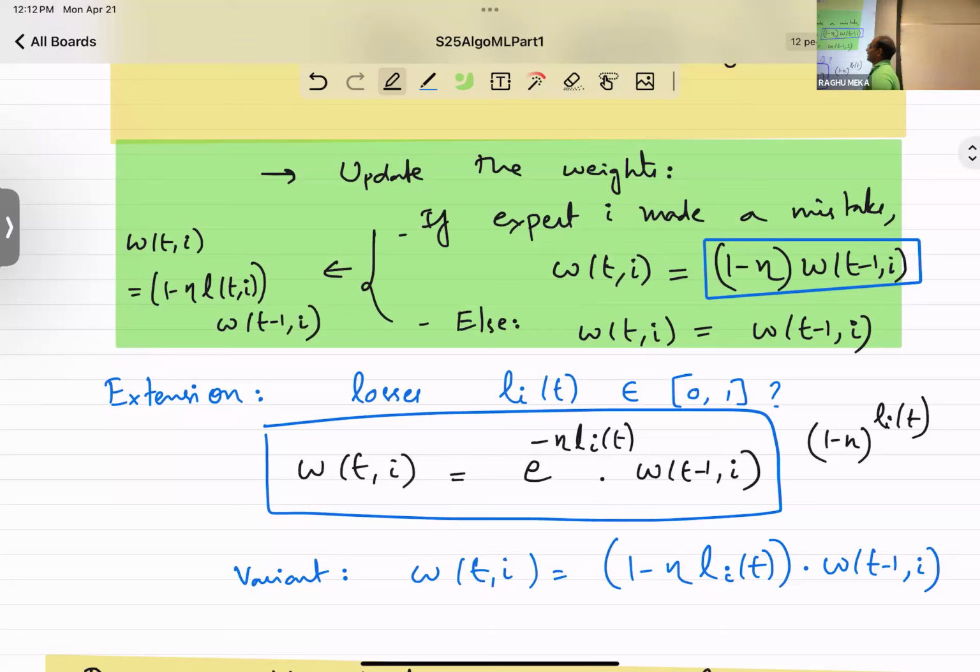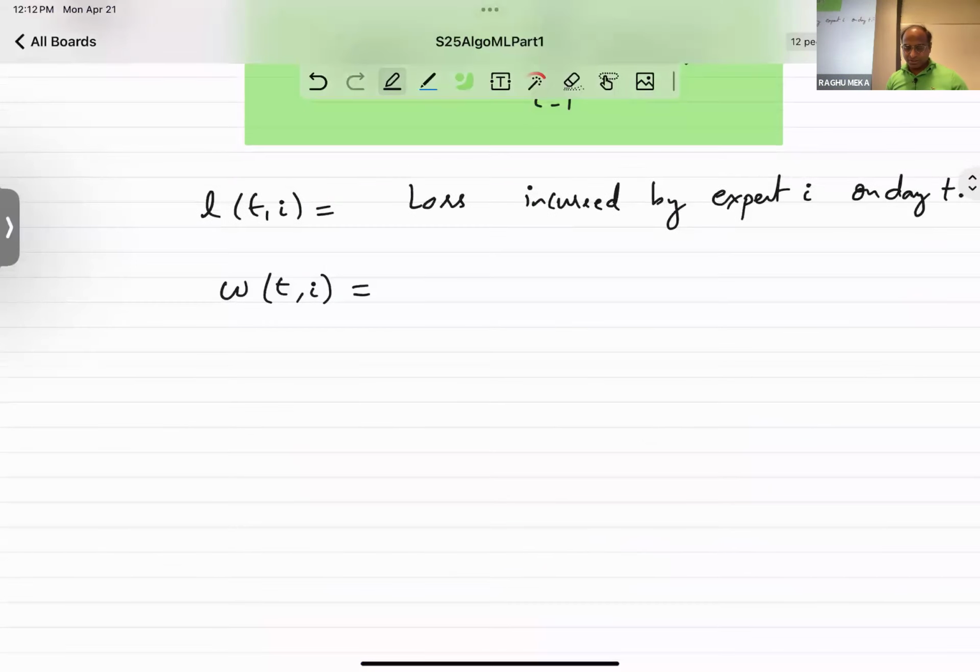Instead of having a case analysis, I can write down the update more compactly in this form. If the loss is 0, no change. If the loss is 1, you get hit with the multiplicative factor. So we know the exact way the loss is changing.